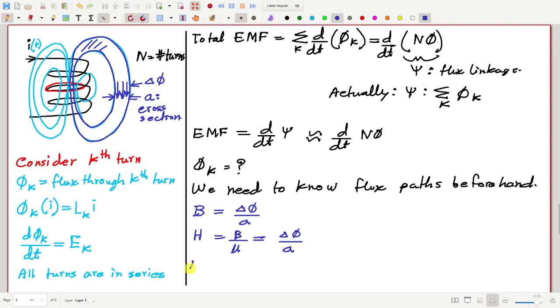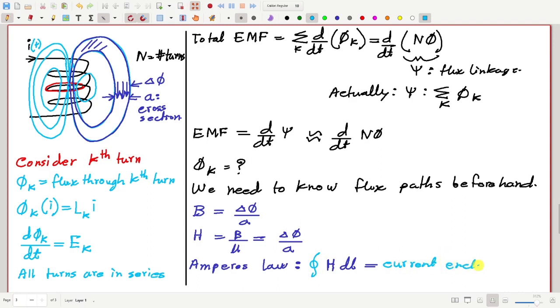Then according to Ampere's circuital law, the integration of H dot dl, if I integrate the value of H over, say, this closed path inside this tube, integration over a closed path, will be equal to the current enclosed by that path.